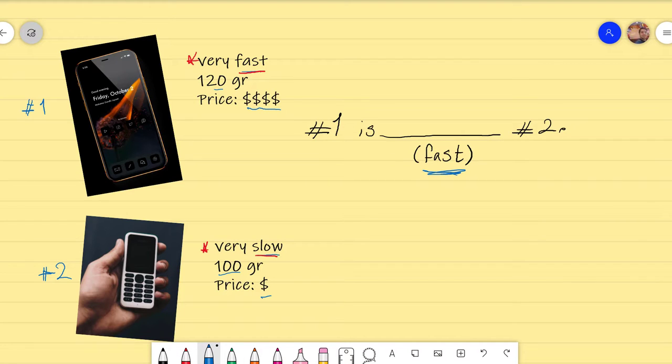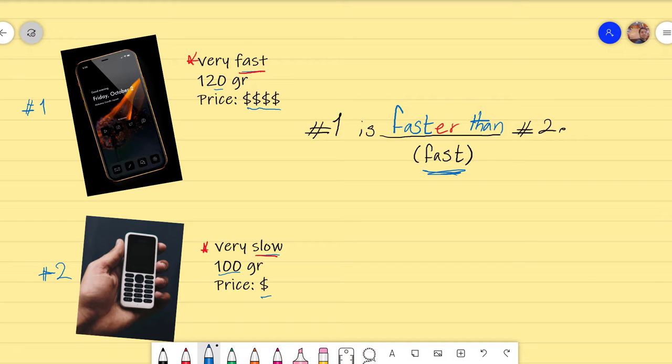The adjective is fast. Say number 1 is faster. Very good. Faster than mobile phone number 2. So I say mobile phone number 1 is faster than number 2.